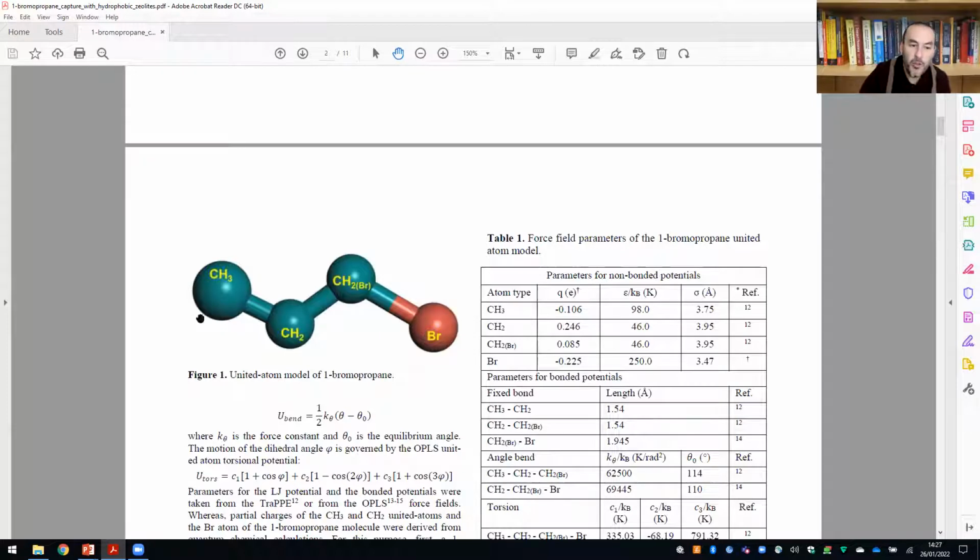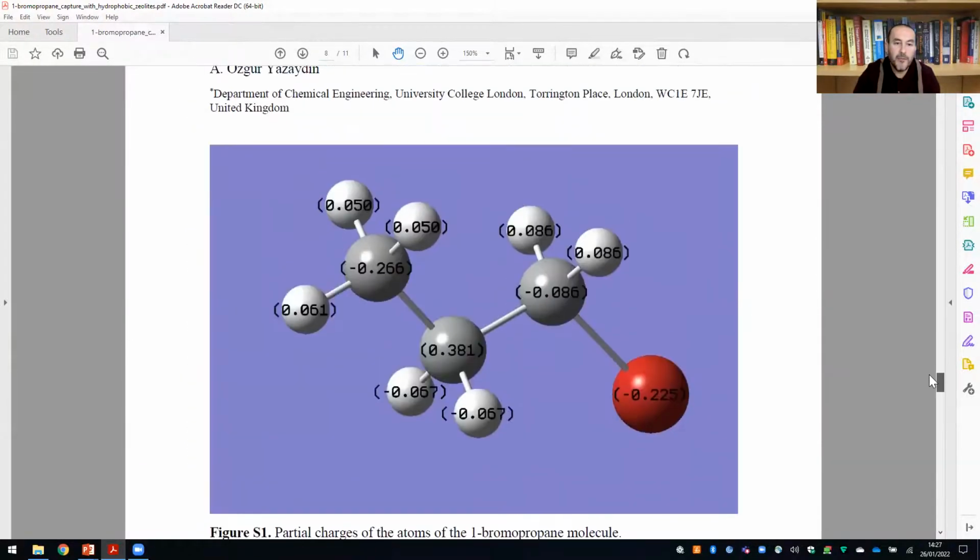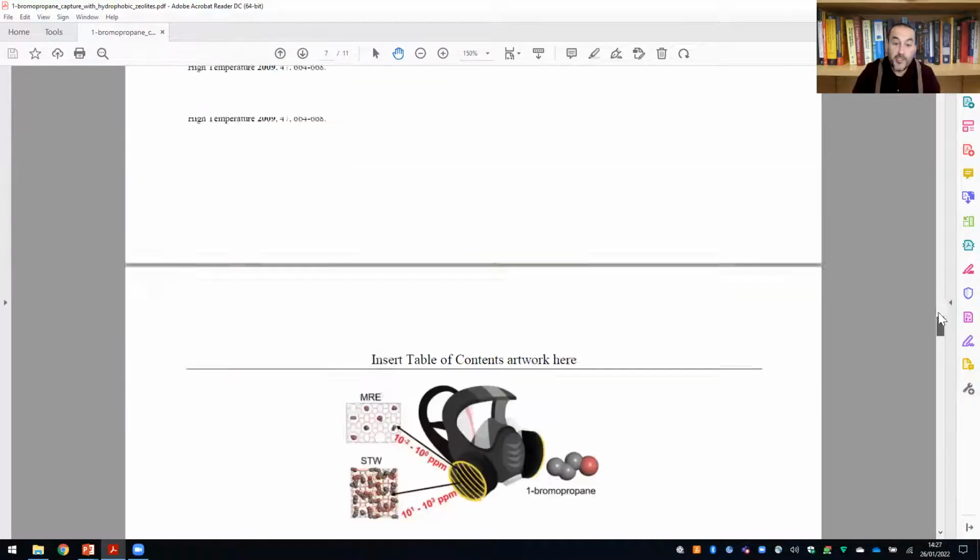But what you have is a united atom model, which consists of 4 sites: CH3, CH2, CH2, and bromine. Now we have calculated charges. For instance, this -0.106 is nothing but the summation of these 4 charges. So this is the first step.